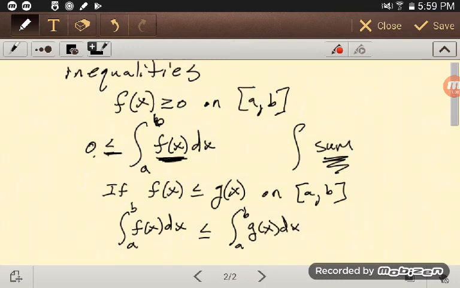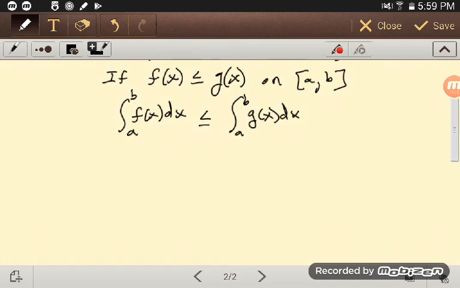And of course here, you can think of it as just adding, right? I'm adding up a bunch of things like this and a bunch of things like that. Well, these over here on the right are always bigger, so when I add them up, I should get a bigger answer.